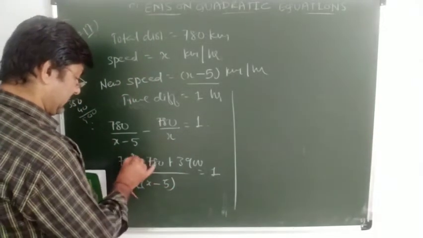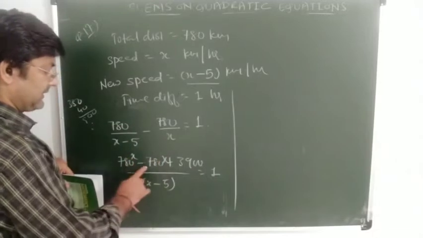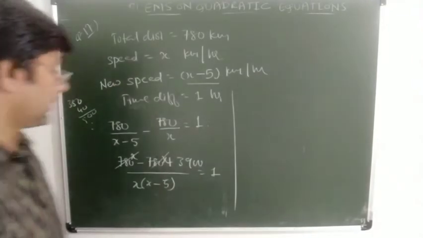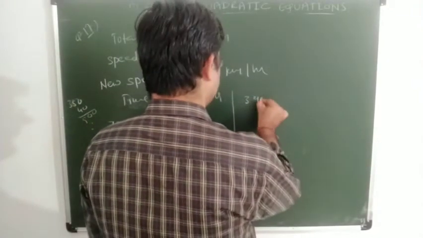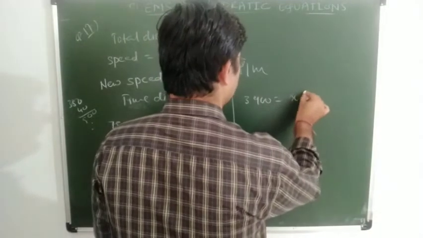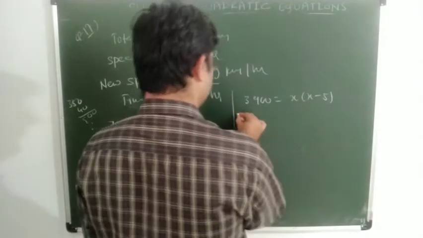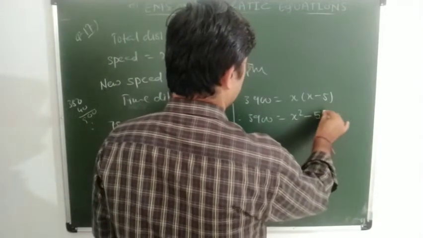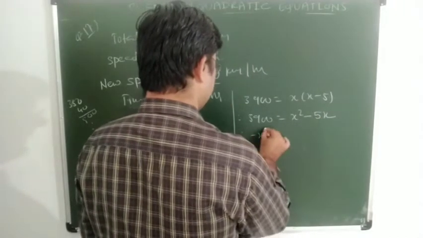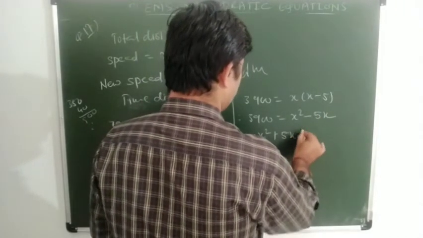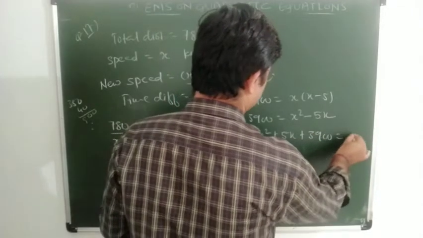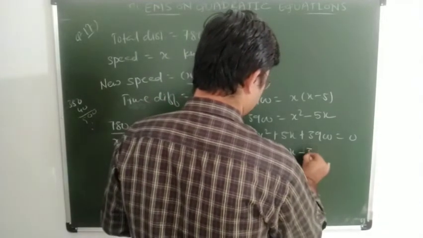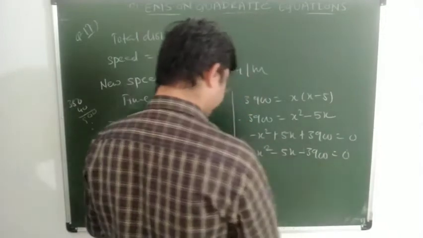This is 780x and 780x, so plus and minus will get cancelled. We are left with 3900 is equal to x into x minus 5. Therefore 3900 is equal to x square minus 5x, therefore minus x square plus 5x plus 3900. Take minus sign common: x square minus 5x minus 3900.